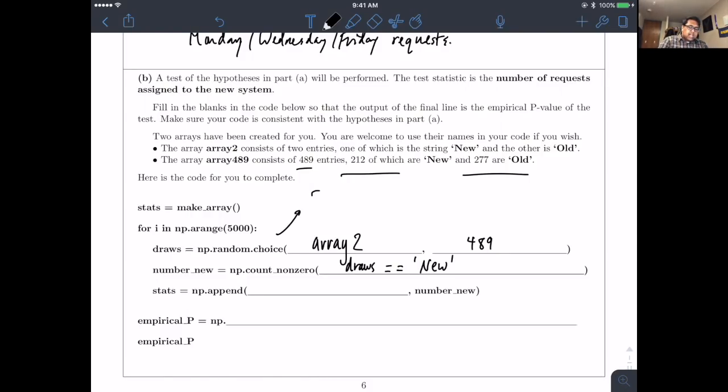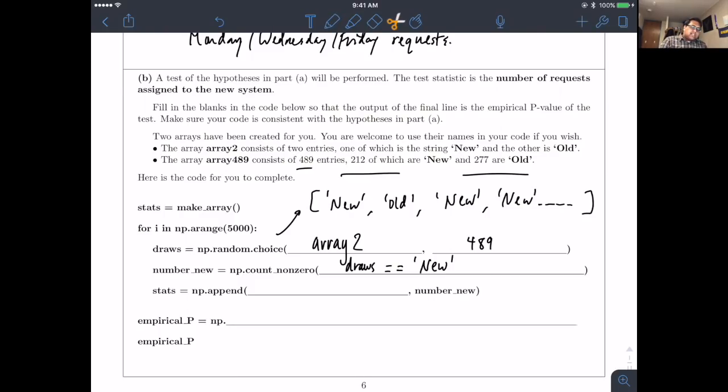Because draws will be assigned to some array that has 489 elements in it, each of which are either old or new, and so on, right? So that's what draws is. So we want number new is the number of times that the array draws is equal to the value new, right? So it's the number of times we get new.